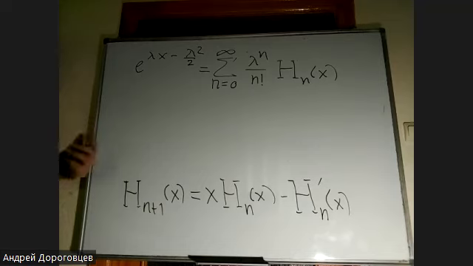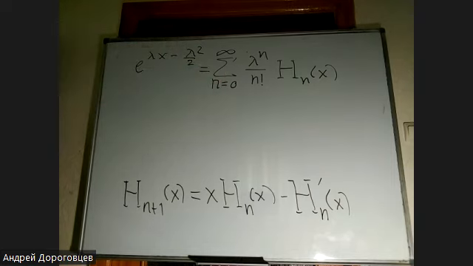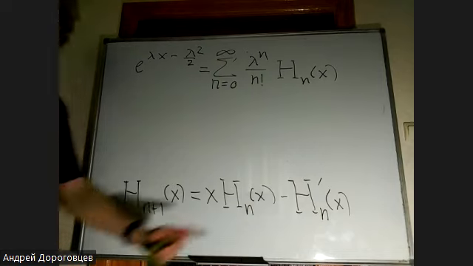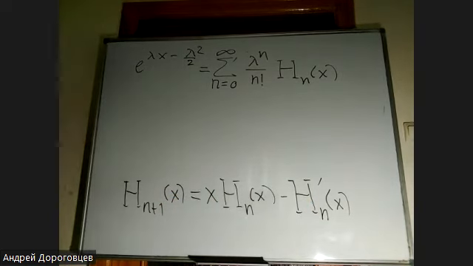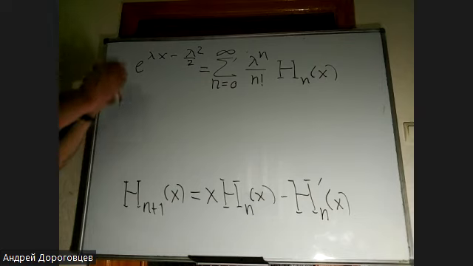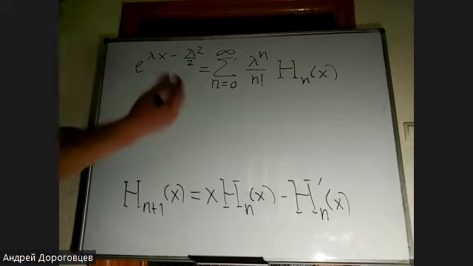This was a very useful formula which we got last time, and this is a power generating formula for Hermite polynomials. Now I want to understand what is H_n'. So I can just differentiate both parts with respect to x.